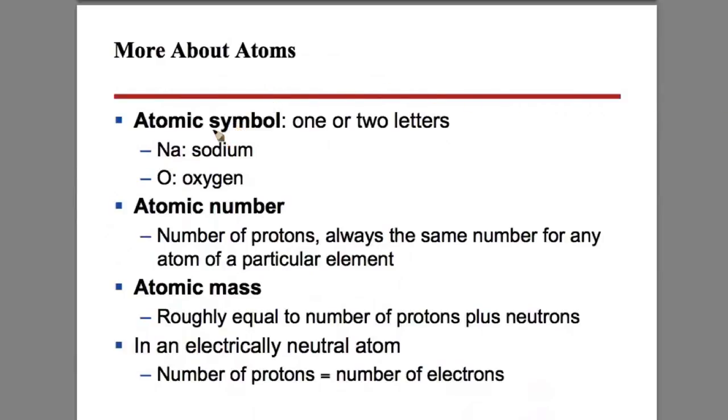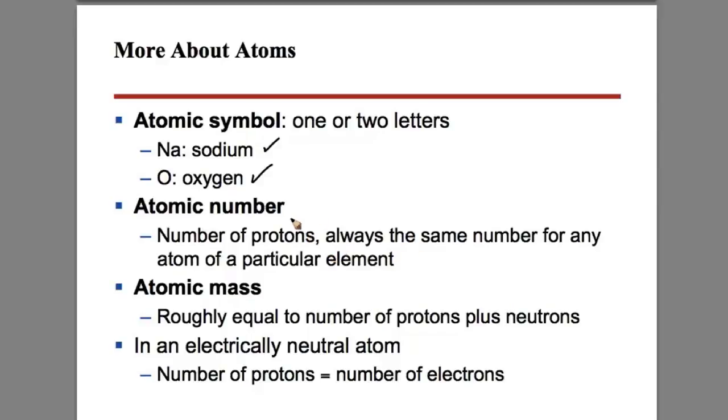Atoms and elements are symbolized by the atomic symbols, which are composed of either 1 or 2 letters. So these abbreviations are important to know. We're not going to ask about these in detail in this course, but for chemistry and other courses, you will be expected to know the symbols for all the different elements.